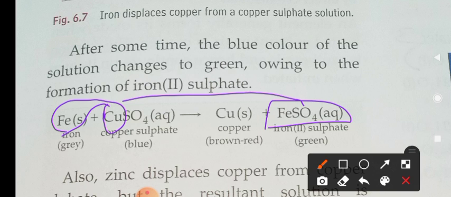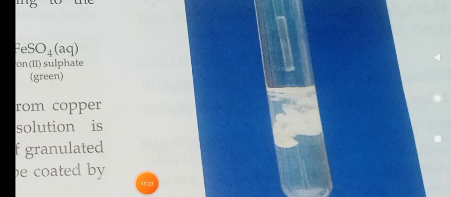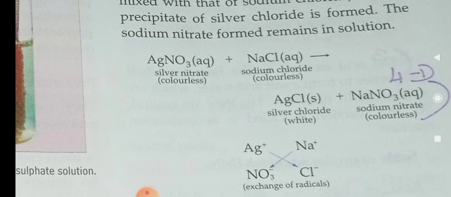Yes. Okay, now the next type of reaction is the double displacement reaction. In these reactions, two elements displace each other's places. For example, silver nitrate, which is colorless, reacts with sodium chloride, which is also colorless. They form silver chloride, which is white in color.